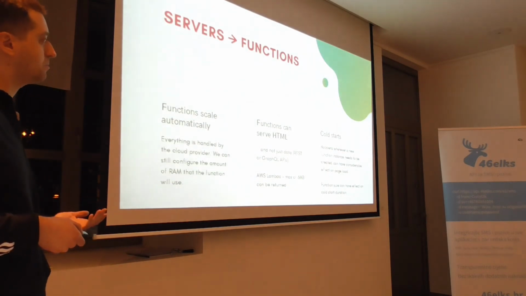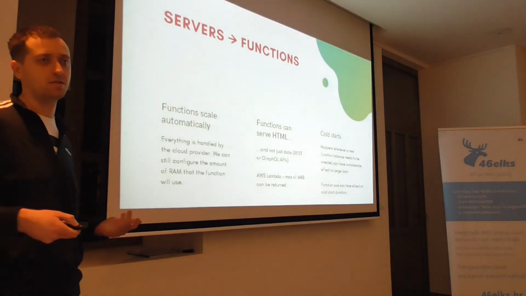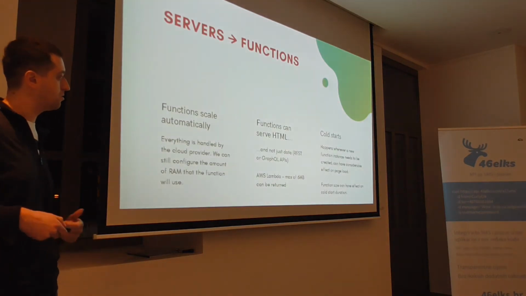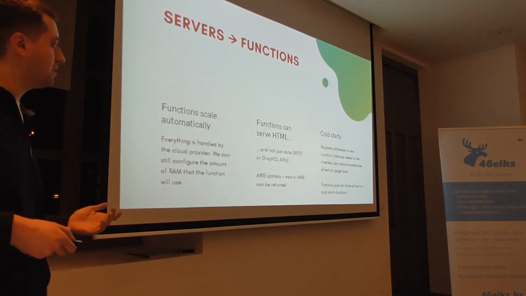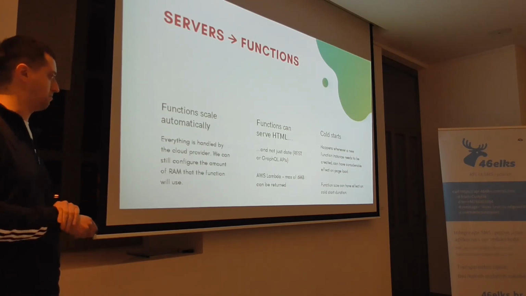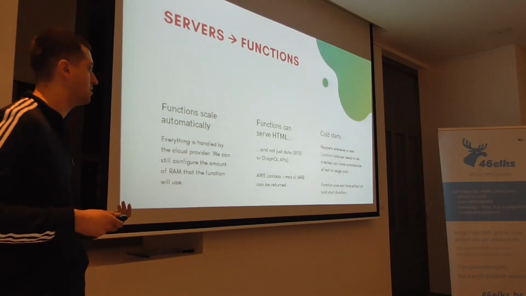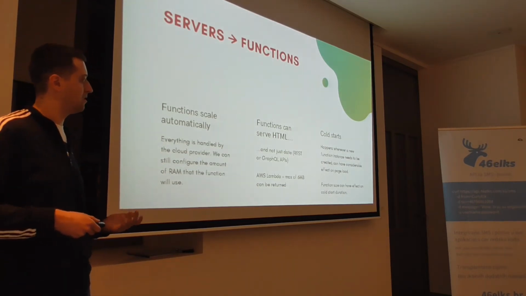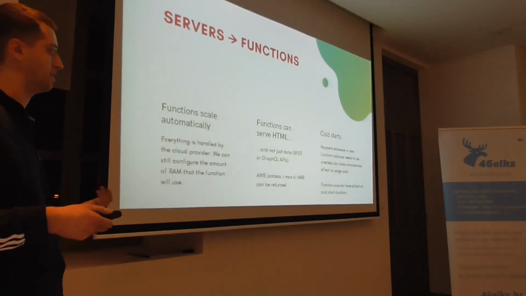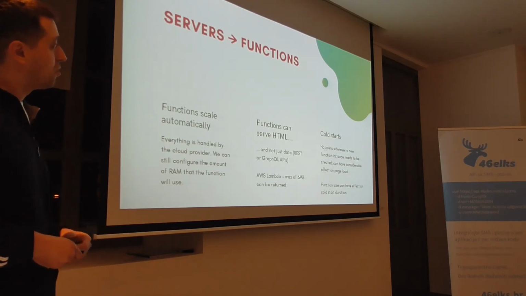You can use them to serve HTML, and you can even use them to serve binary files like images, sound files, and so on. So that's definitely a good thing to know. The only thing, at least in the AWS cloud, that you need to know is that you can respond with a maximum of 6 megabytes in size. But that wasn't really a concern for us because we certainly aren't going to serve 6 megabytes of JavaScript or something like that. And finally, there's this thing called cold starts.